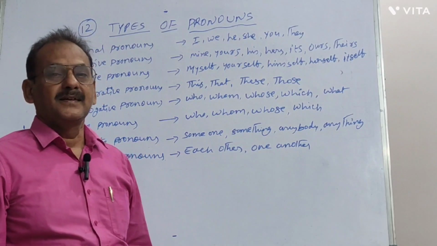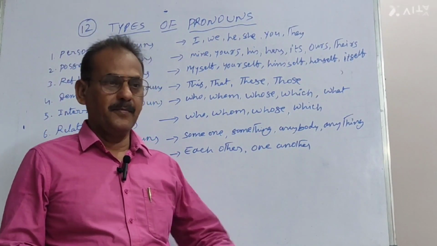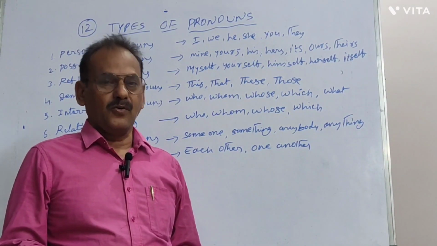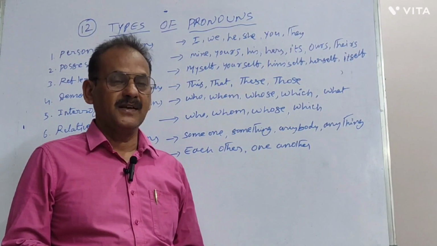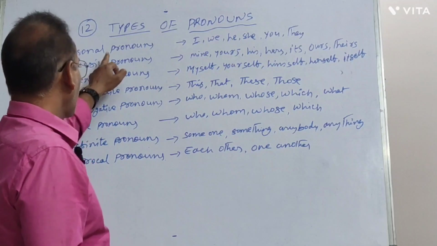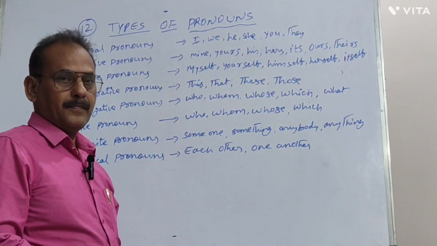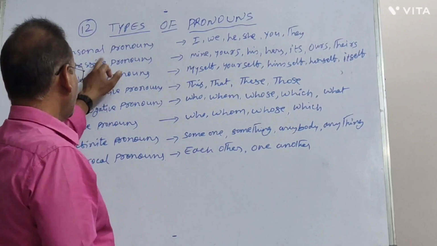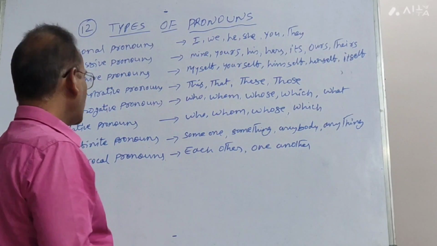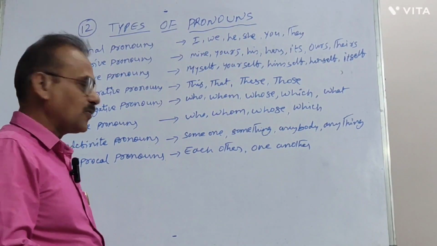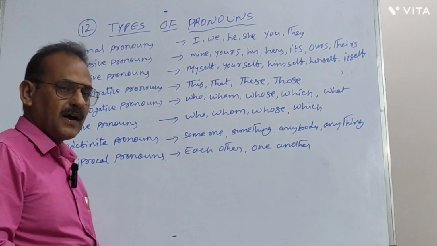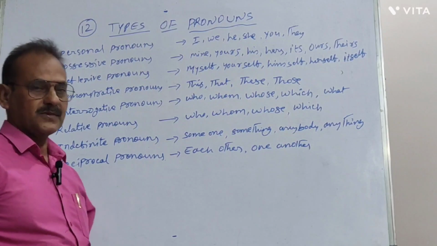We have been discussing parts of speech, and in our previous class we discussed kinds of pronouns. Today's topic is types of pronouns. So what are the types of pronouns? They are personal pronouns, possessive pronouns, reflexive pronouns, demonstrative pronouns, interrogative pronouns, relative pronouns, indefinite pronouns, and reciprocal pronouns.